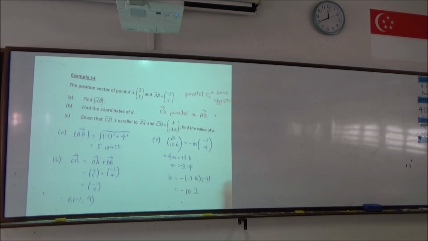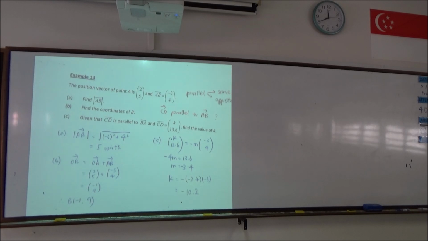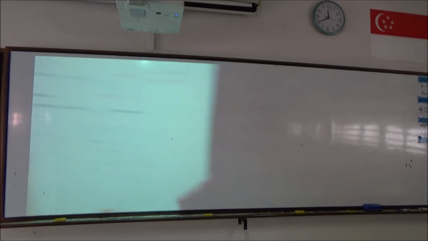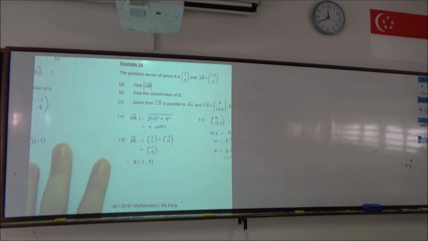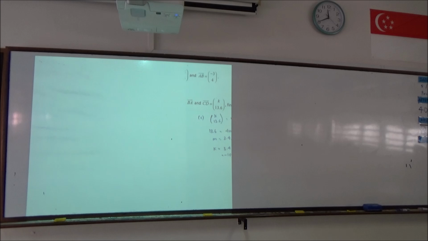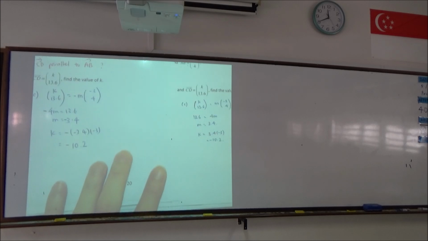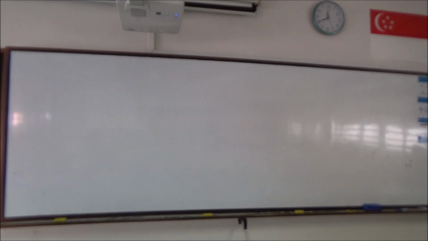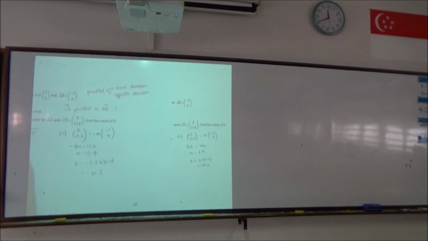In this case we can put negative m or just m, and both will give you the same answer, although the m values will be different. That's because of the concept of parallel.